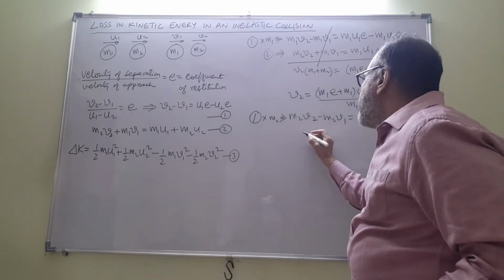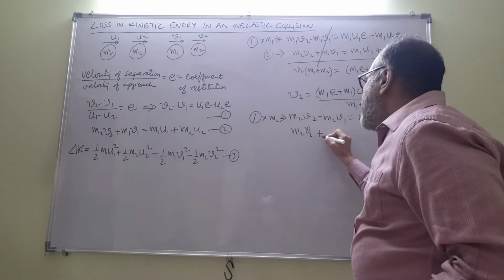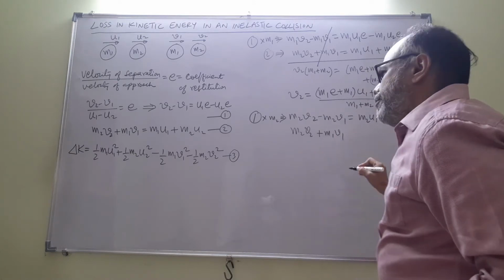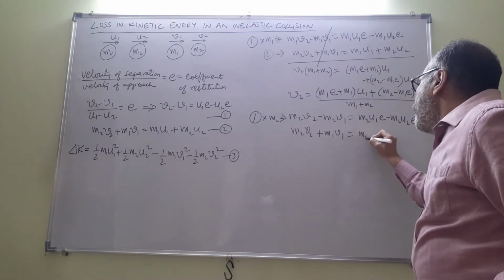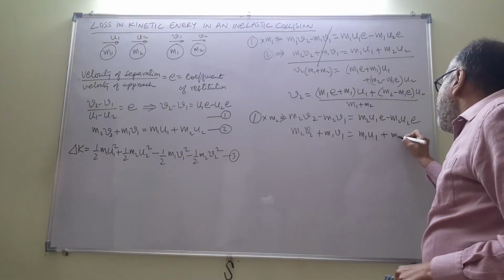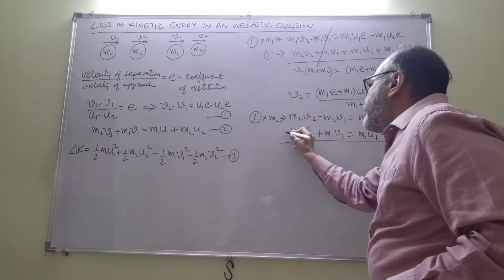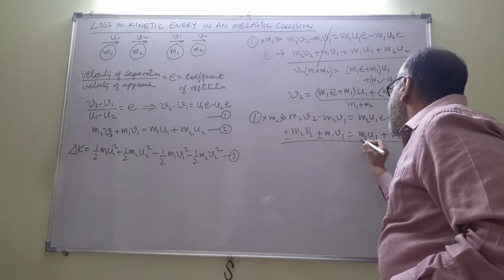We'll write the second equation below that. M2 V2 plus M1 V1 is equal to M1 U1 plus M2 U2. To eliminate V2, we will subtract.